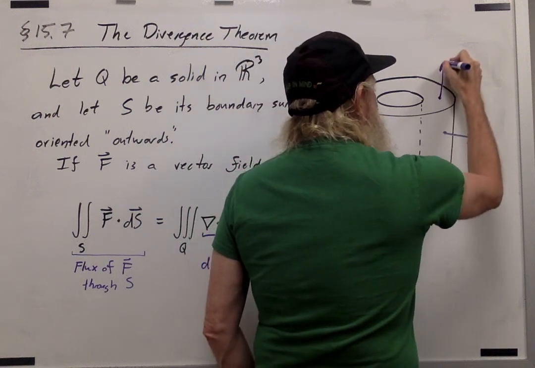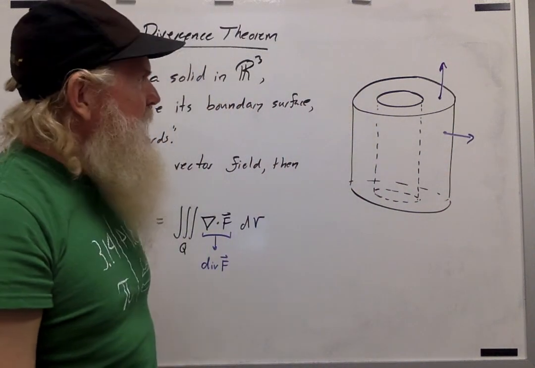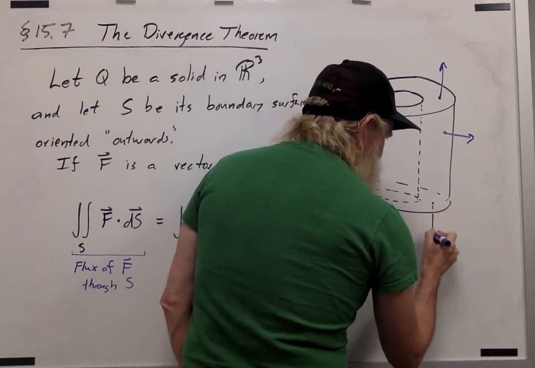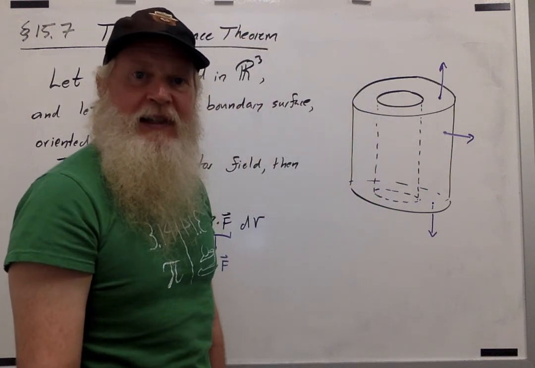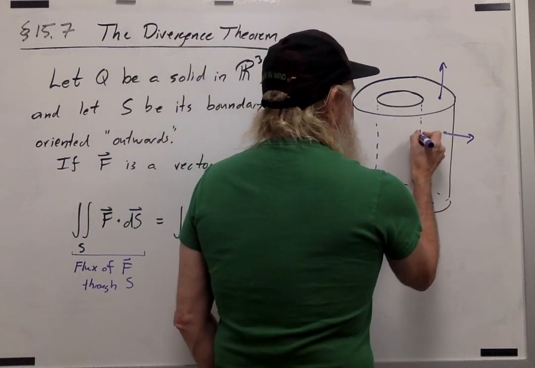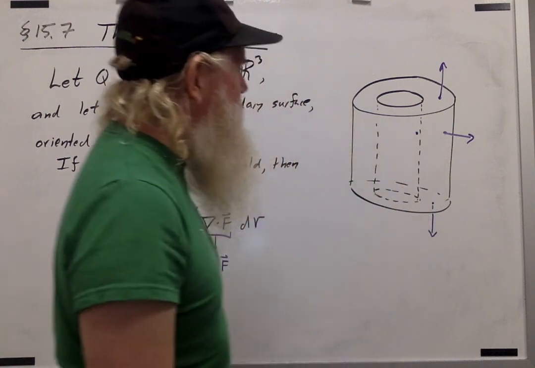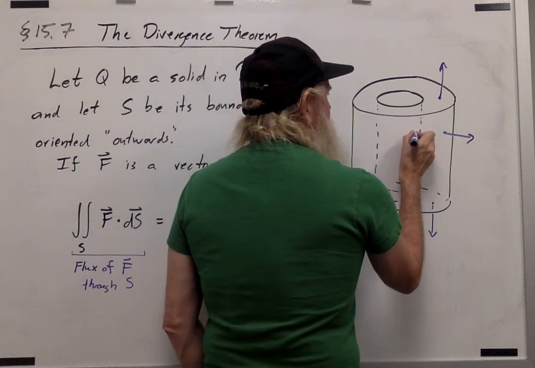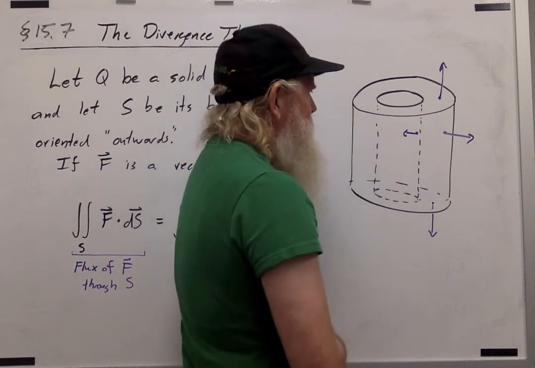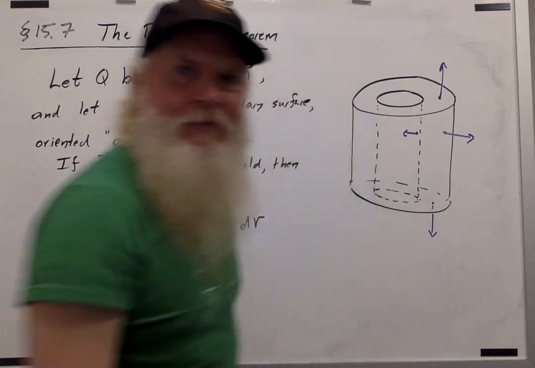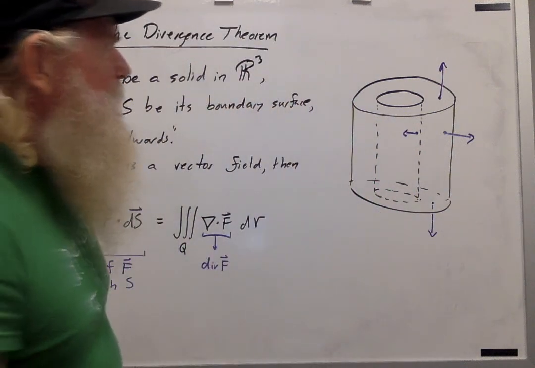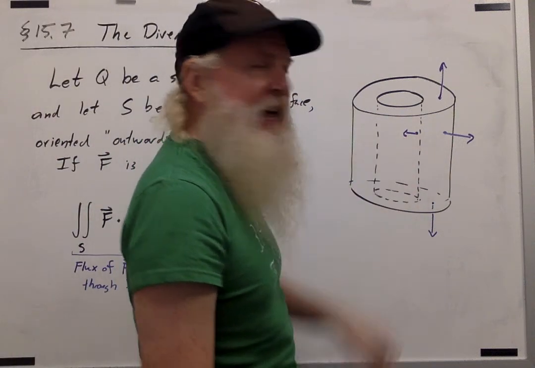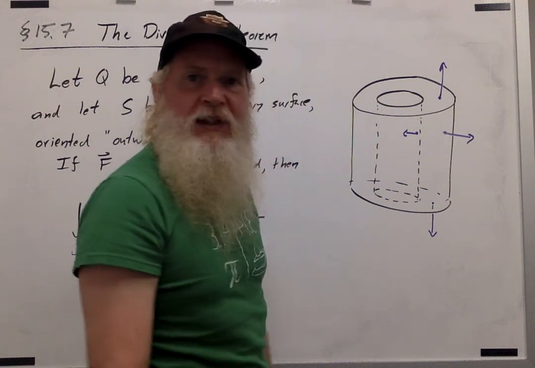On the top, to point upwards into the air, I have to be oriented upwards. On this bottom surface, I have to be oriented downwards. And on this inner cylinder, if I want to point into the air, then I'm going to be pointing toward the z-axis. That might be a little bit hard to read in the picture, but notice that I don't want to point into the solid between the cylinders. I want to point into the air, and to go toward the air would be toward the z-axis.